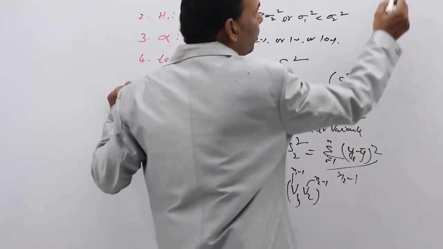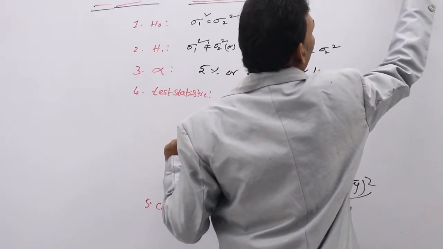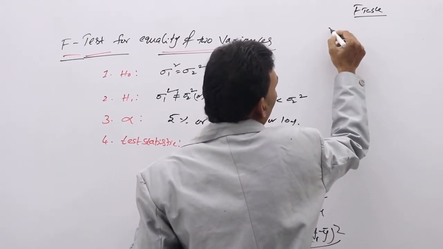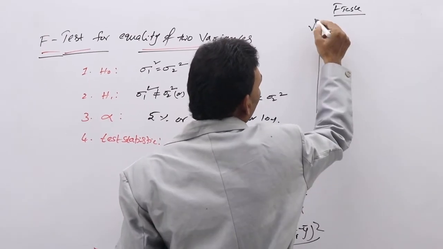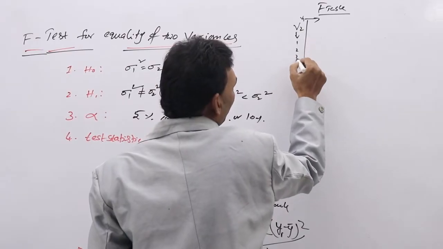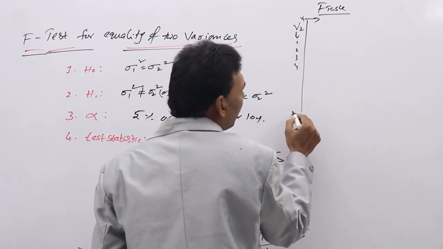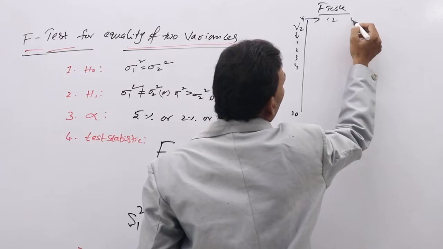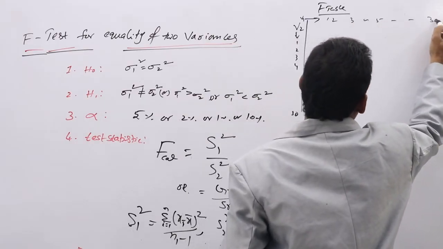But the F table will be like this. F distribution table, you will find V2 here and V1 values here. Here 1, 2, 3, 4 like that you will have up to 30. Here also 1, 2, 3, 4 like that up to 30.